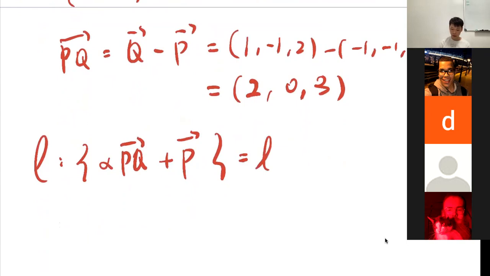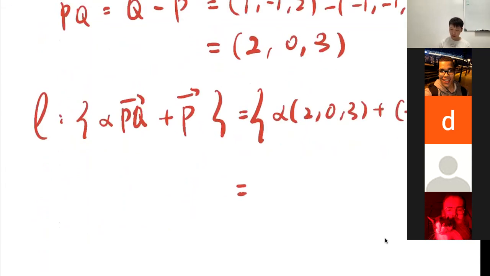So L is equal to the set of alpha times (2, 0, 3) plus P, which is (-1, -1, -1). When you simplify this, it is (2 alpha - 1, -1, 3 alpha - 1).